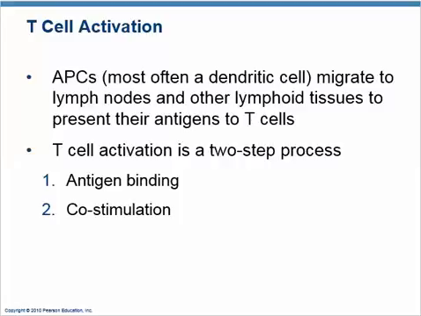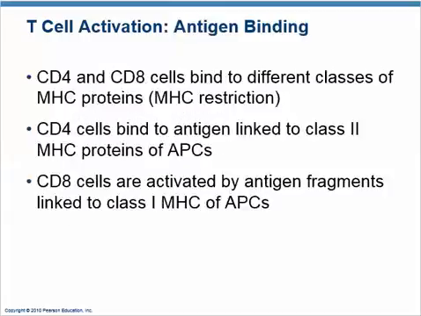But then the T cell has to get verification that it's doing the right thing. So it needs to be co-stimulated. It almost needs to get permission. Now it happens in a couple of different ways. So the receptor, the CD4 and CD8, bind to the major histocompatibility proteins, right?